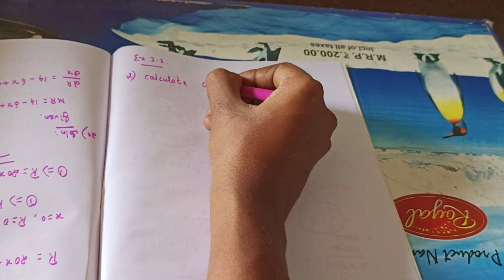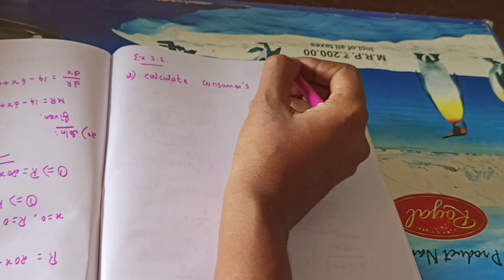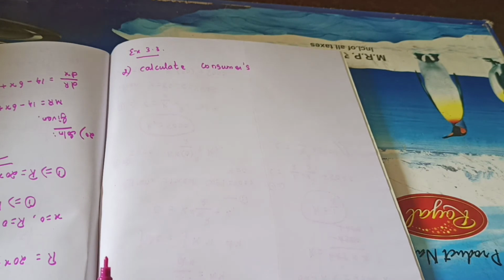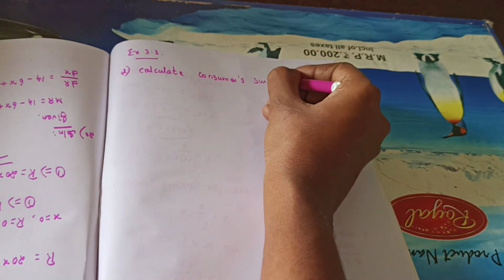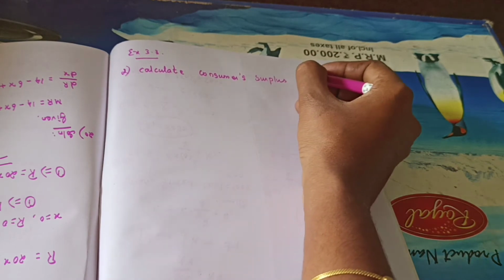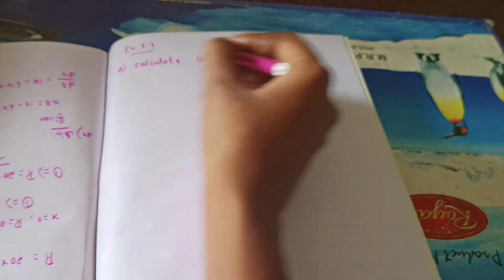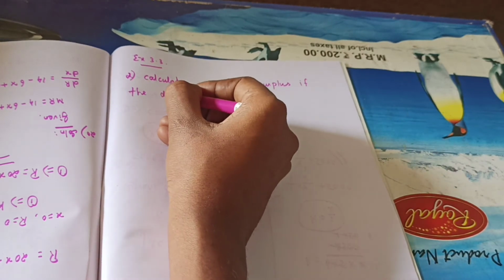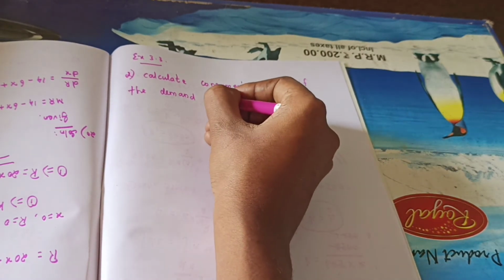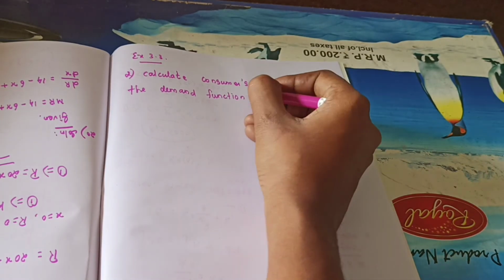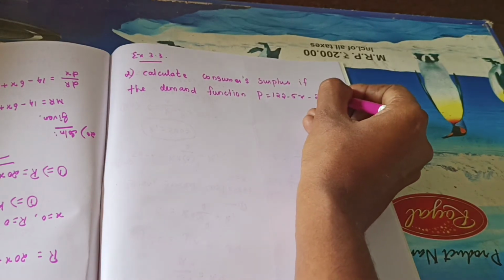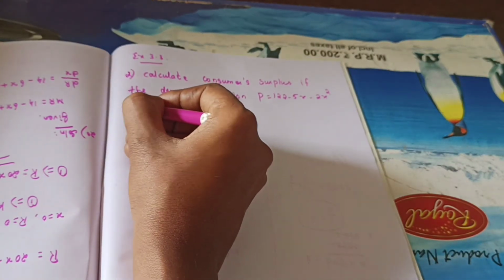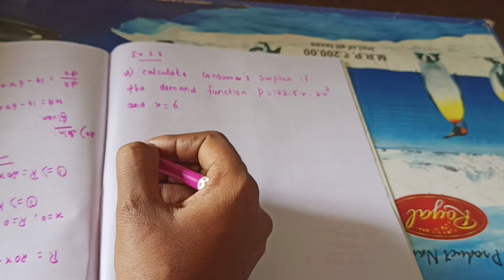Calculate consumer surplus if the demand function P is equal to 122 minus 5x minus 2x square and x equal to 6.